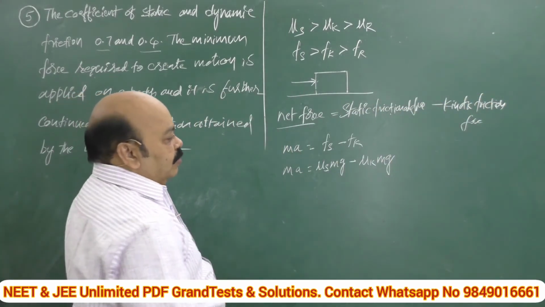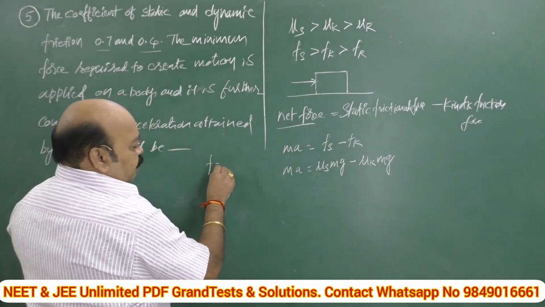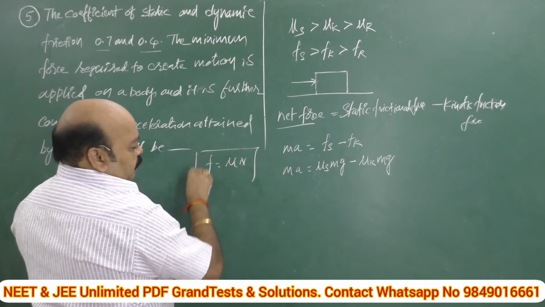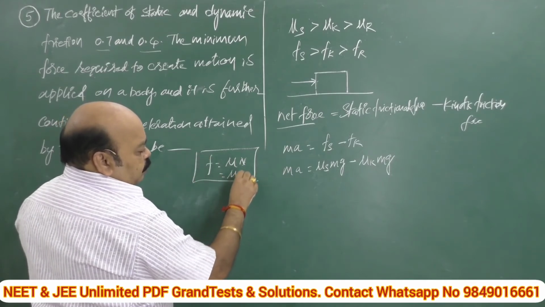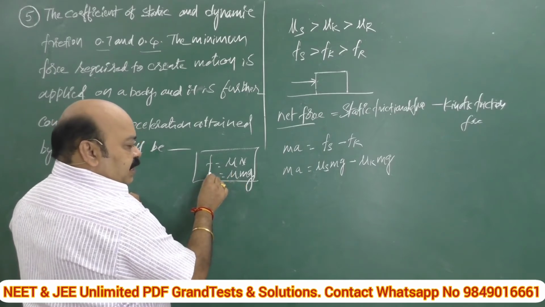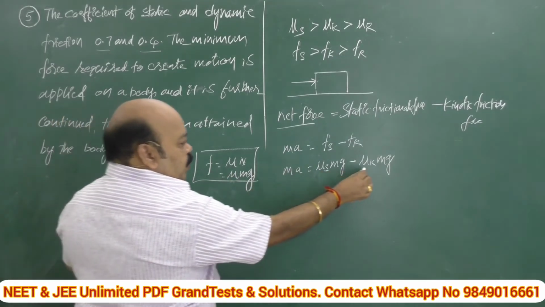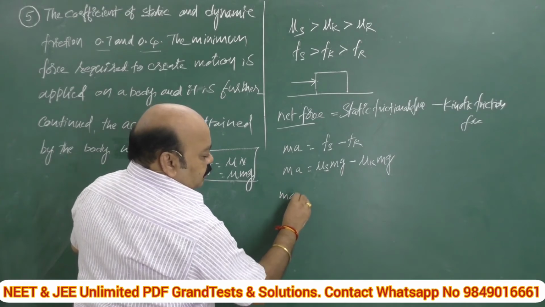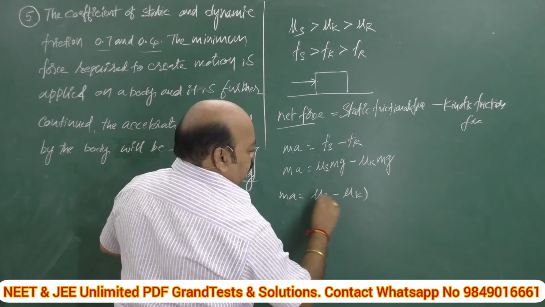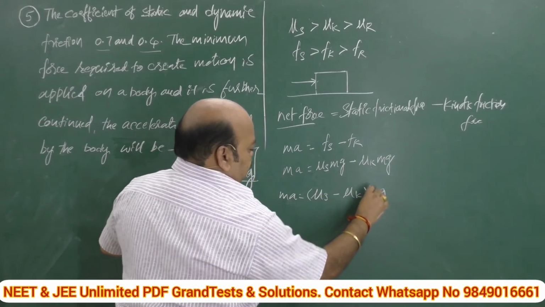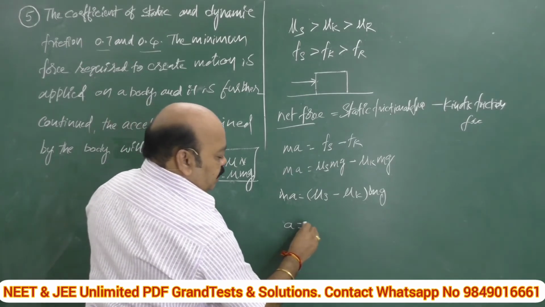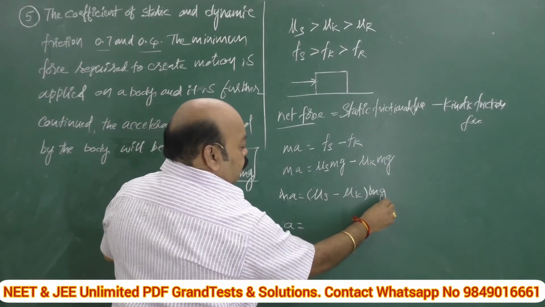What is the definition of friction? Frictional force is equal to mu N, whereas this N is nothing but mg. If it is static friction, we have to mention s. If it is kinetic friction, it is mu k. Now this can be written as (mu s minus mu k) into mg. This m gets cancelled. Therefore, the acceleration A is equal to (mu s minus mu k) into g.